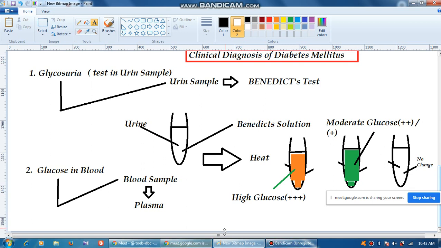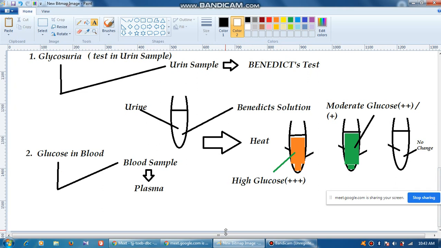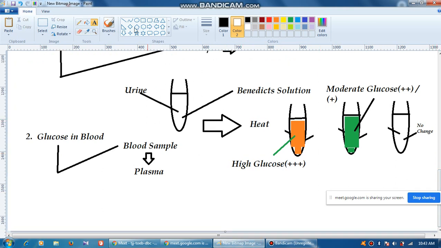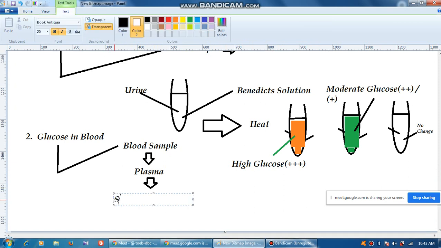Now this test is done through a specific kind of experiment, and we call it spectrophotometric analysis, or colorimetric analysis. This test is done by a spectrophotometer or a colorimeter.